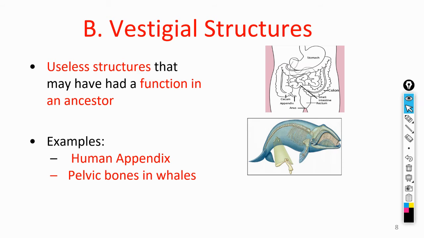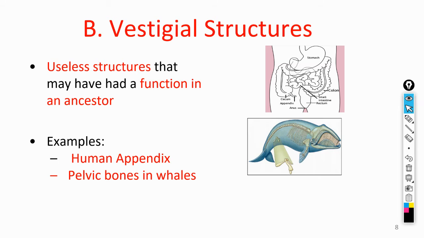Vestigial structures, and you may have heard of these before, whether or not you've heard them called vestigial. These are structures that are useless in modern organisms, but may have had a function in an ancestor. A couple of examples: your appendix has absolutely no functional role that we know of inside your body. However, because of its close association with the intestines, we think it might have played a role in digestive processes.